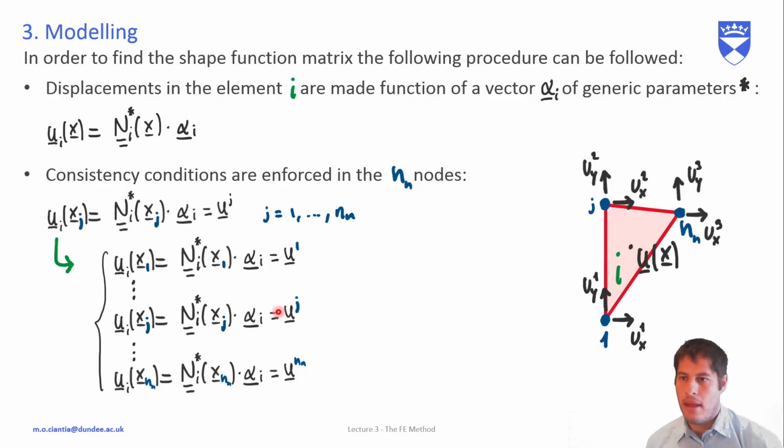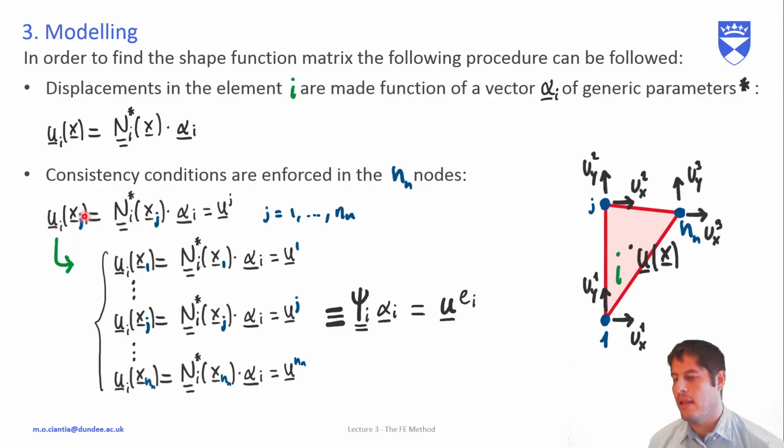So imposing this consistency, we can write that u at the nodal locations is equal to a matrix psi I times alpha I, but this is the nodal displacement vector, okay?